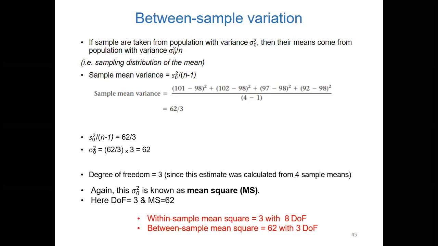Now something should come to your mind. This variance is the square of the standard deviation, right? So sigma naught squared means the square of the standard deviation, or variance.